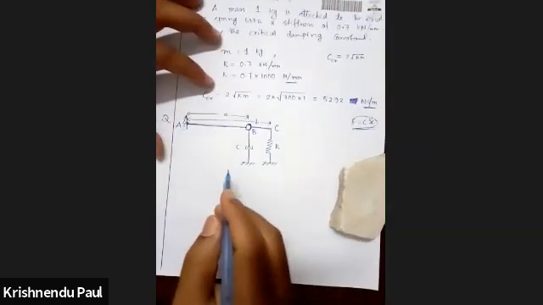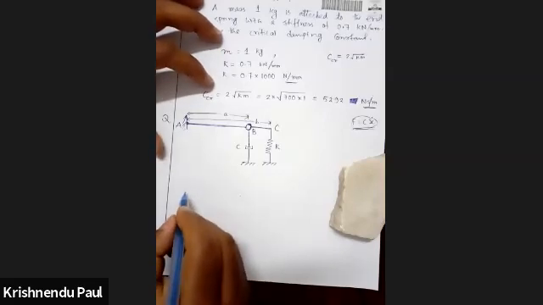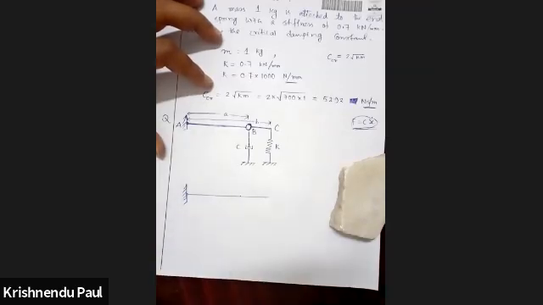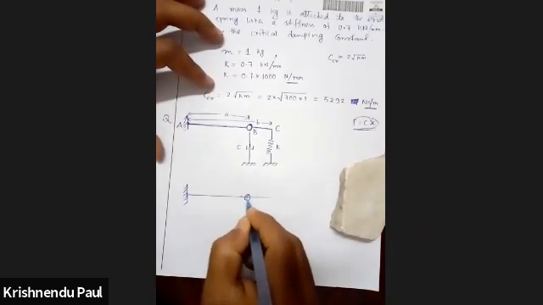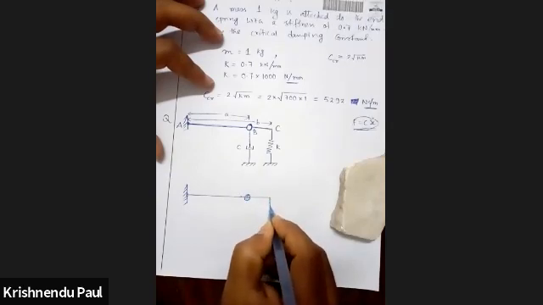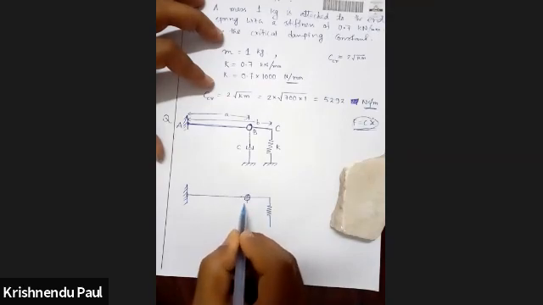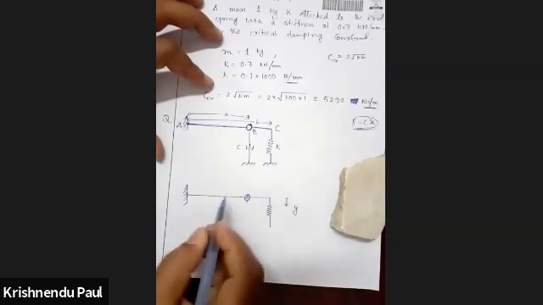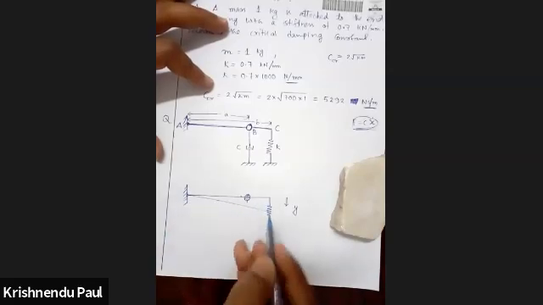Now let us assume a displaced position. So this is the initial position. Here the dashpot is lying, and here there is a spring. So there is a damper. Now, if it vibrates in the direction, suppose y, it will be straight.